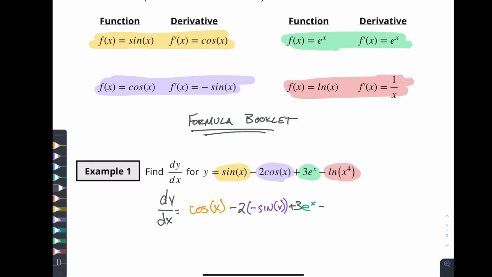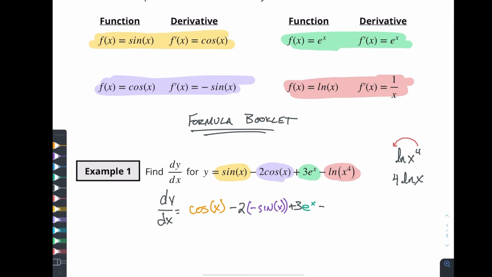Let's go back to our logarithm rules and see what happens with ln of x to the 4th power. If you've got ln of x to the 4th power, that is the same thing as bringing this 4 out front. So our function itself is actually equivalent to 4 ln of x.